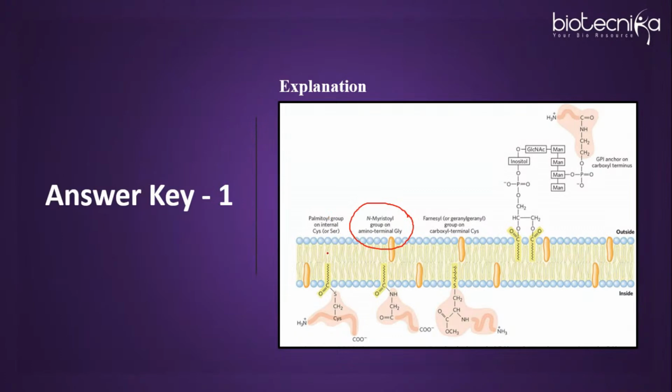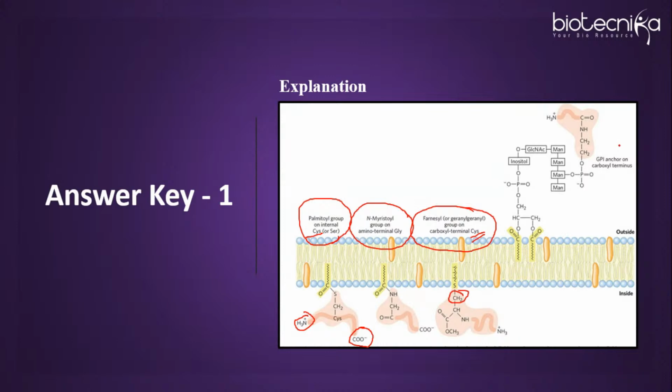If you look at the palmitoyl group, they are also attached to the membrane, but they are attached to cysteine residues, and not to either the N-terminal region or the C-terminal region. Rather, they are attached to the middle point. Similarly, the farnesyl or geranyl group is attached to the C-terminal region, to cysteine residues.